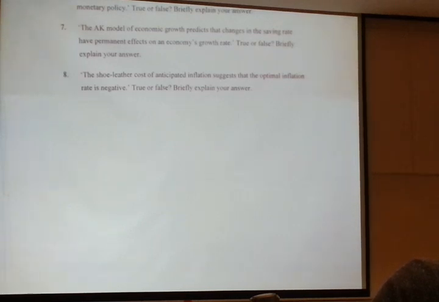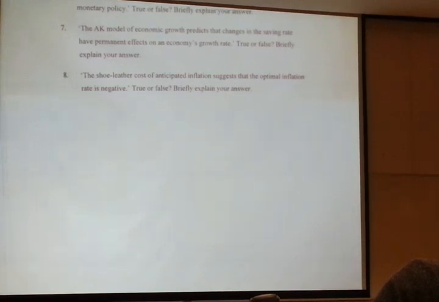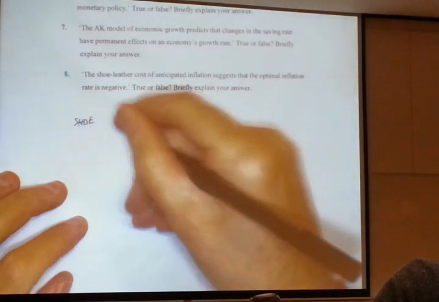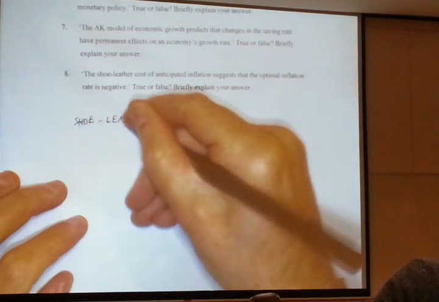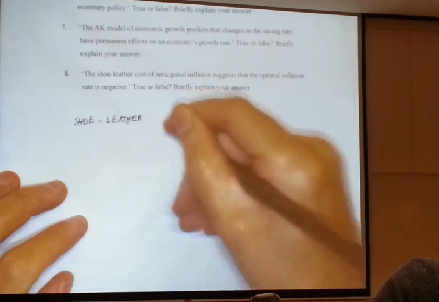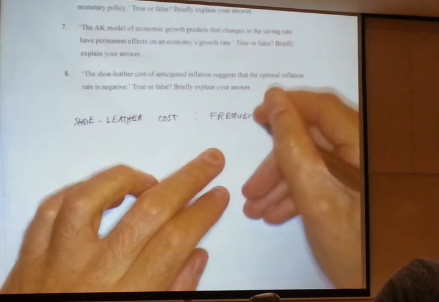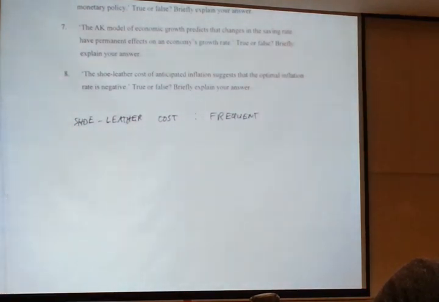In other words, a cost you pay because money is not a good store of value. An example would be frequent trips to the ATM, wearing out your shoes, or perhaps more realistically, just wasting time that you could be using for other things.